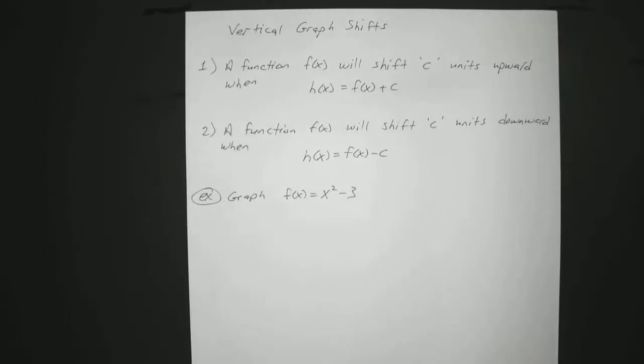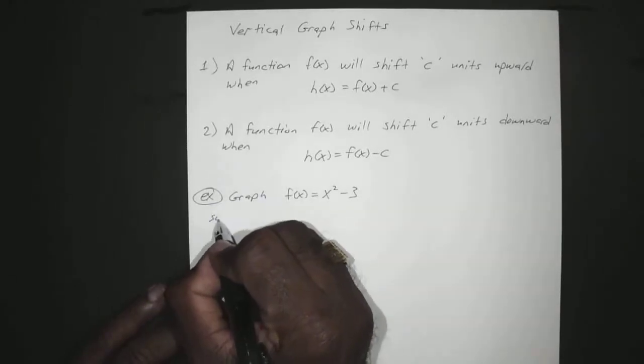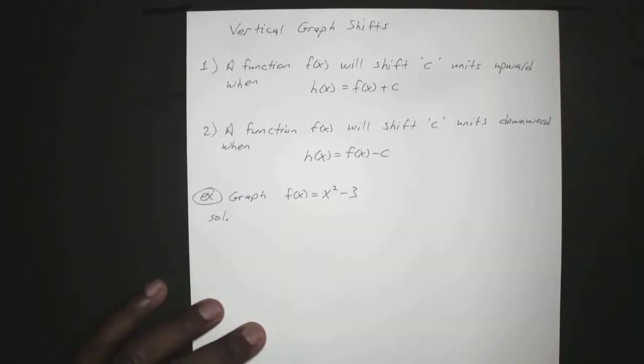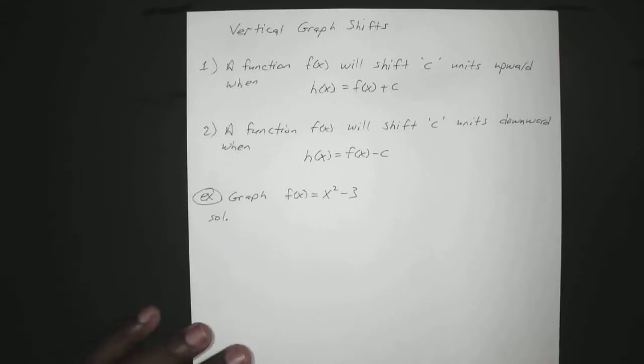The first thing you want to do is find what they call the parent function. You find your parent function by getting rid of all of the numbers, except your exponents. Just the negative 3, you just drop it. And that would give you your parent function.